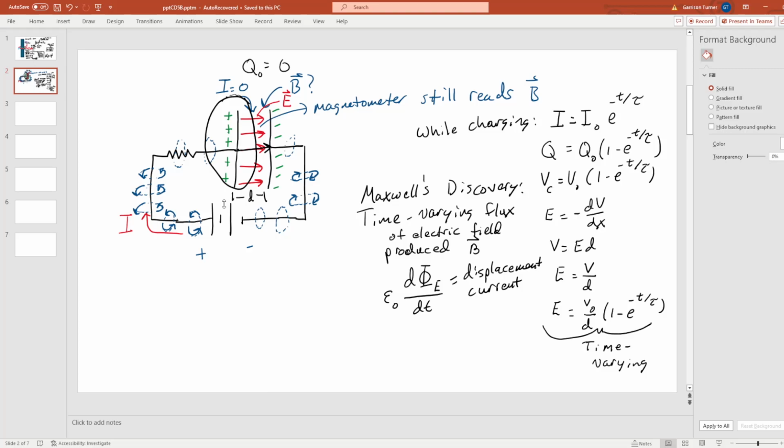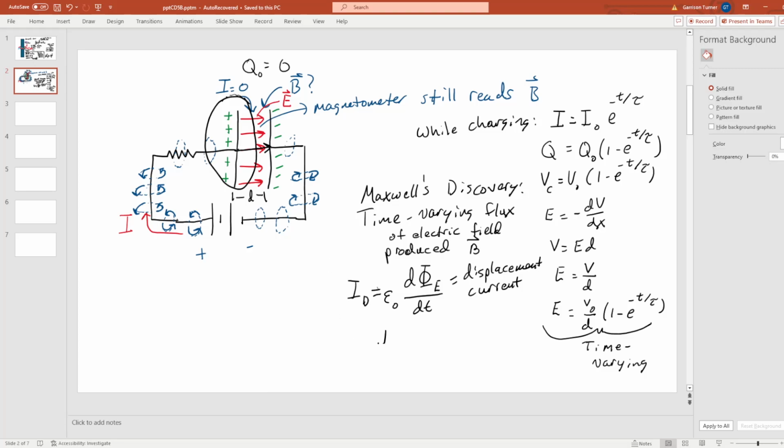And so this displacement current will have the same instantaneous value as I will through the circuit. Okay, so I'm going to call this ID for displacement current.